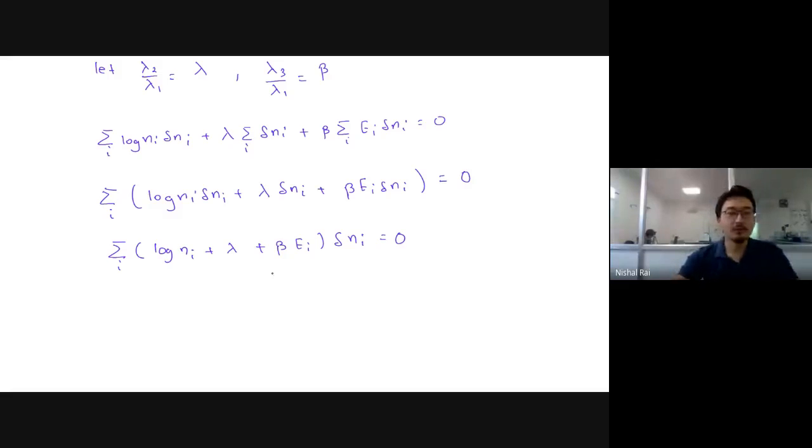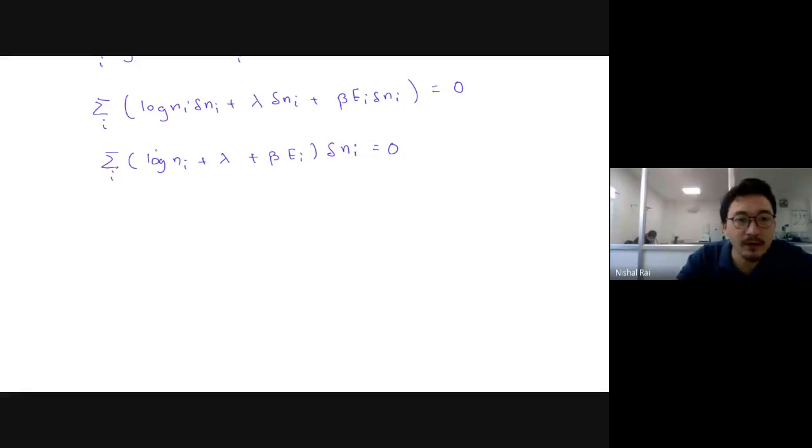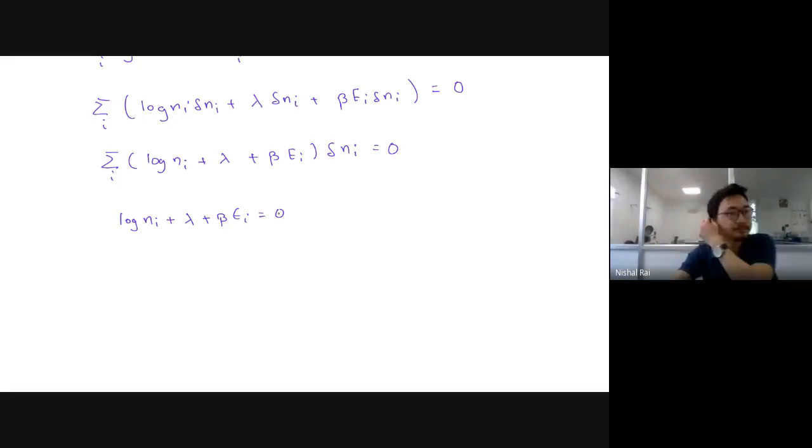So from here, what we can see is your delta Ni is not 0, but the only quantity which could be 0 is the one sitting inside. So that's why what we can write is log of Ni plus lambda plus beta Ei equal to 0.